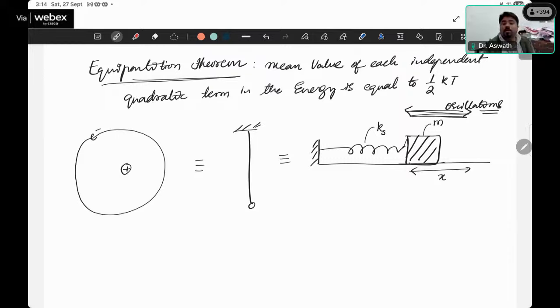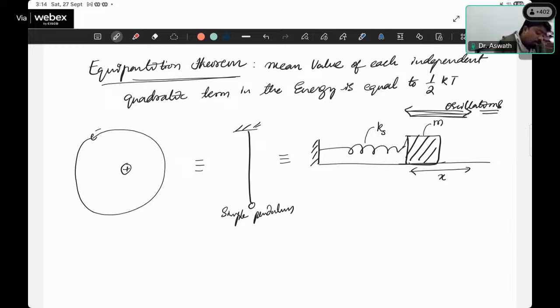Very good, we know that. Now I'm relating a classical scenario to a quantum scenario, because even in a quantum scenario I see oscillations.